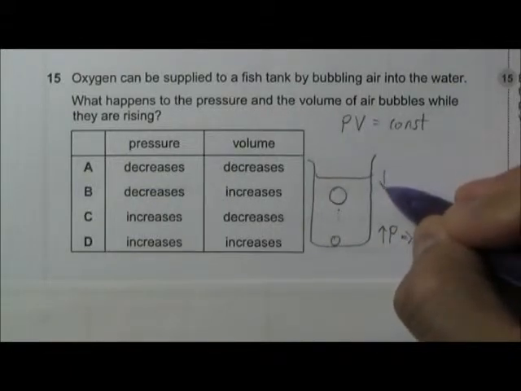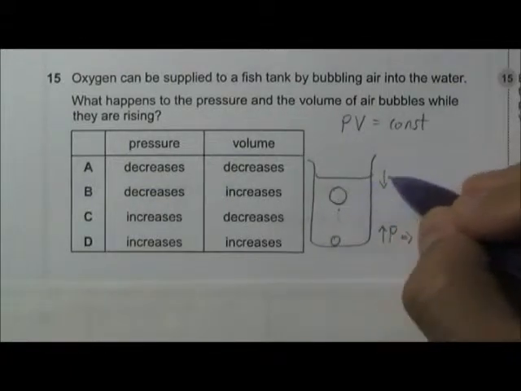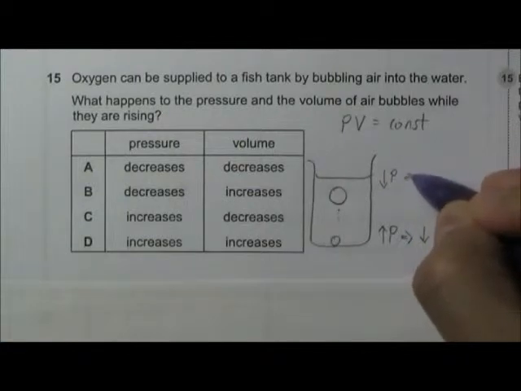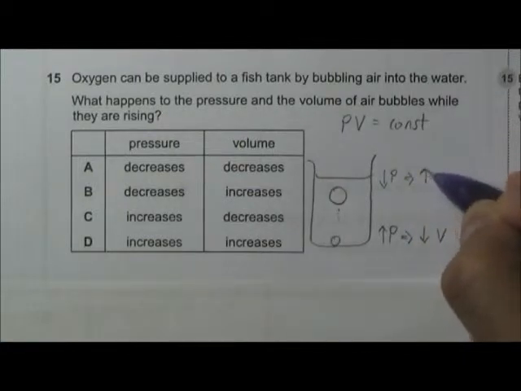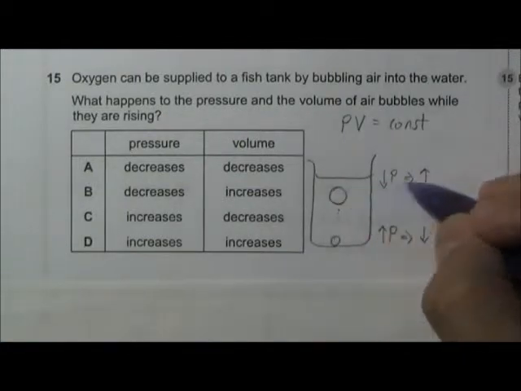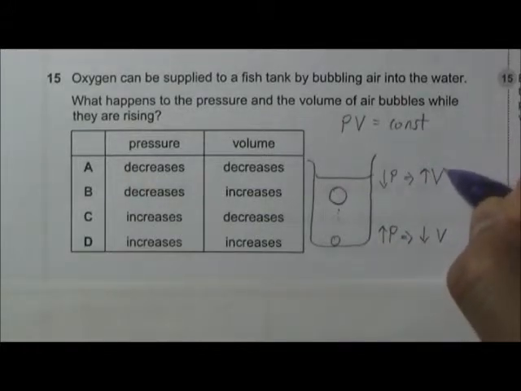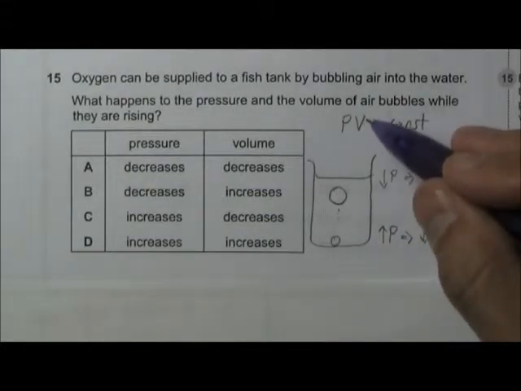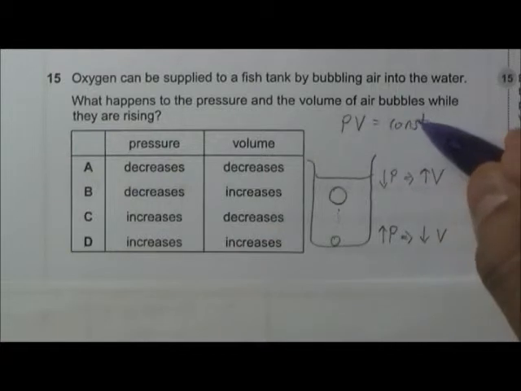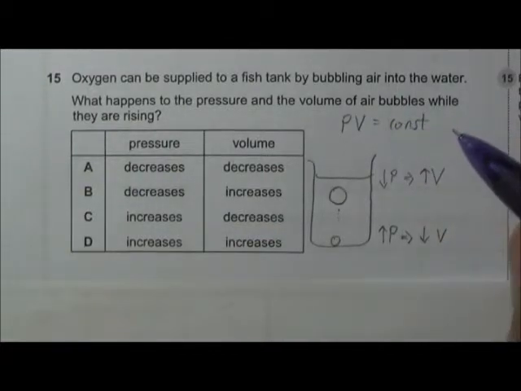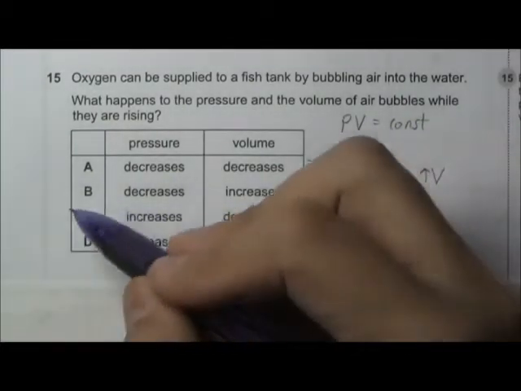The pressure experienced by this bubble will decrease, and that will bring about an increase in the volume of the bubble, according to the formula PV is equal to a constant. So with this, our answer should be B.